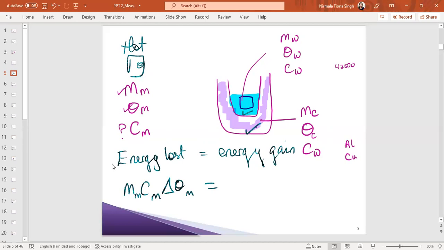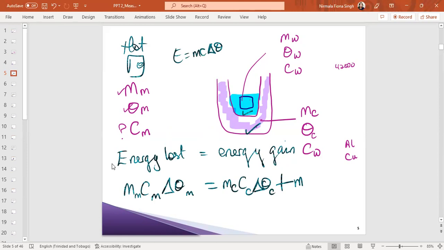Right? So now we're going to have the mass of our calorimeter by the specific heat capacity of our calorimeter by the change in temperature of our calorimeter, plus the mass of our water, because remember energy is equal to mc delta theta. We're just using this over and over.